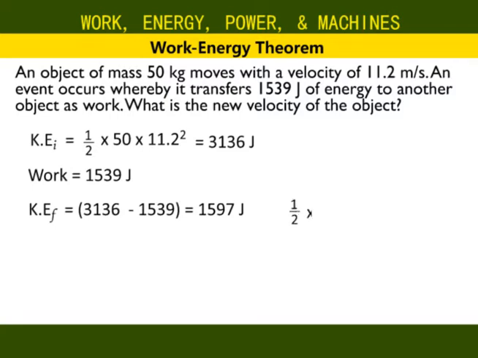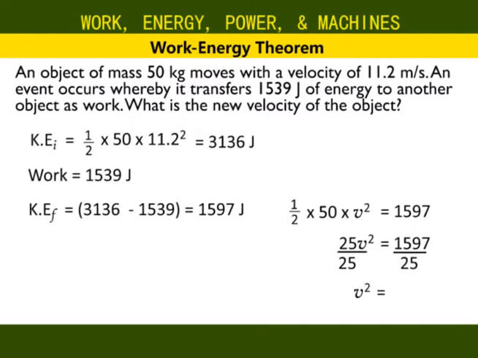A half times 50 times v squared is equal to 1,597. 25 v squared is equal to 1597. We divide both sides by 25. We get v squared is equal to 63.88 and v is equal to 7.99 meters per second.